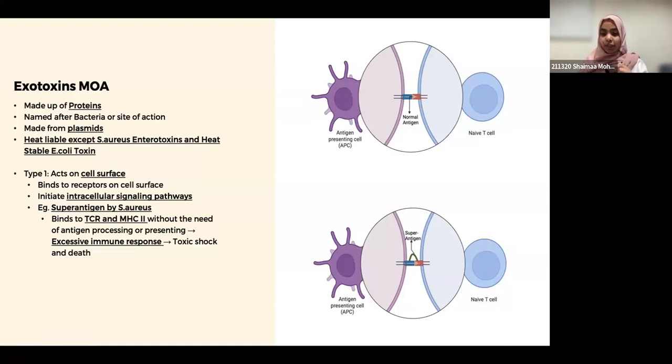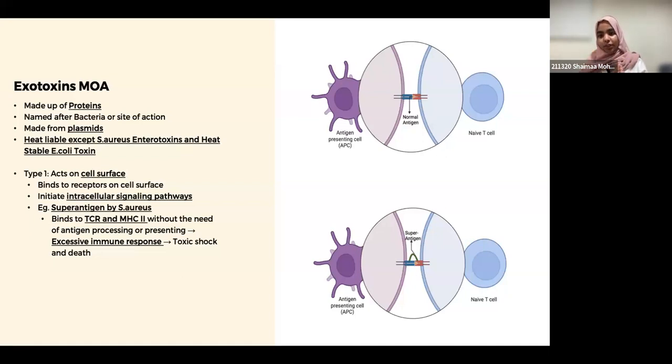It causes an immune response that's not specific to any antigen. It's just an immune response that's going to release a lot of cytokines and activate the immune system very excessively. A lot of inflammation is bad for the body. It can cause septic shock and so on, and that can cause death. So that's how a super antigen works.